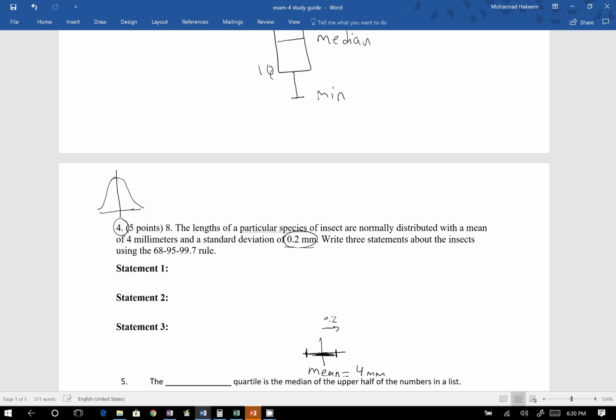This means that the first range, the range that has mean plus or minus 1 standard deviation, will have 4 minus 0.2 and 4 plus 0.2. We have 3.8 millimeters, 4.2 millimeters.